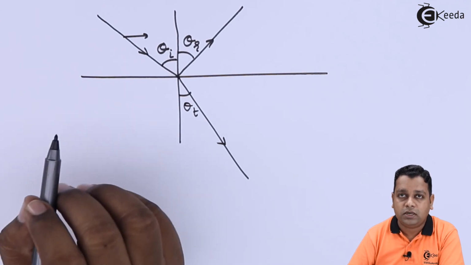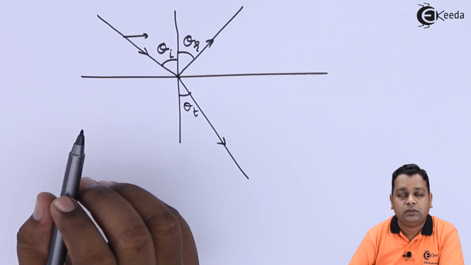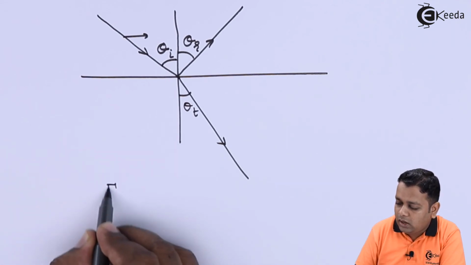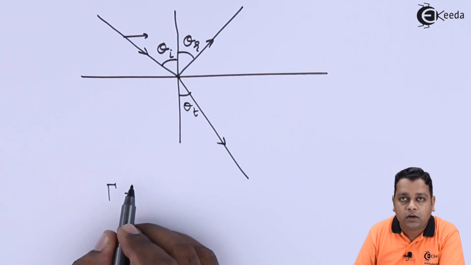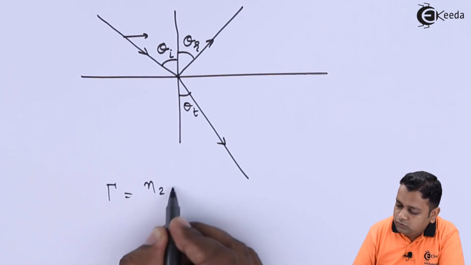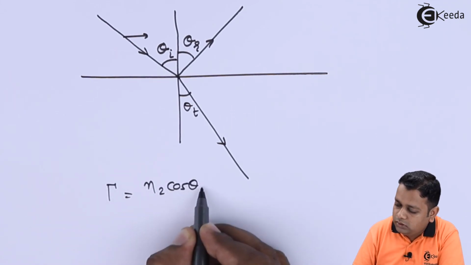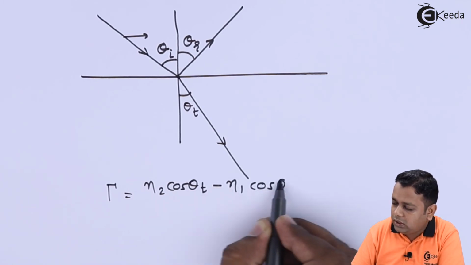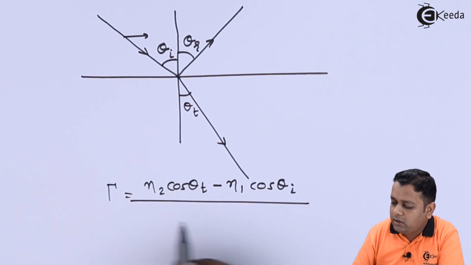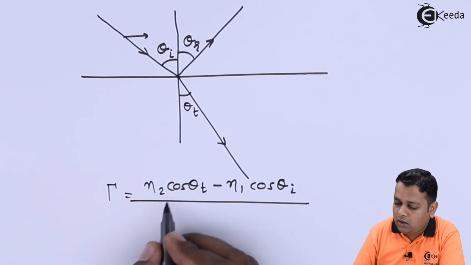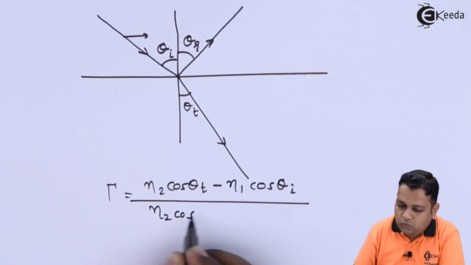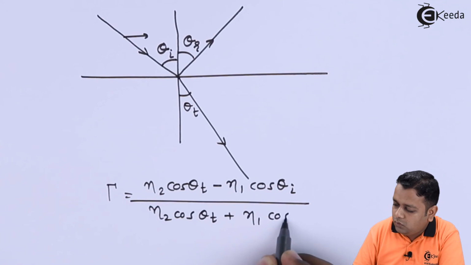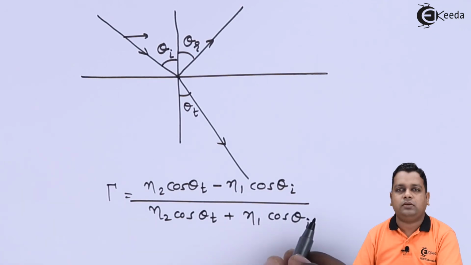For such a condition, I give you the direct formula: the reflection coefficient, capital gamma, is obtained by eta 2 cosine of theta suffix t minus eta 1 cosine of theta suffix i, divided by, in the denominator, eta 2 cosine of theta suffix t added with eta 1 cosine of theta suffix i.